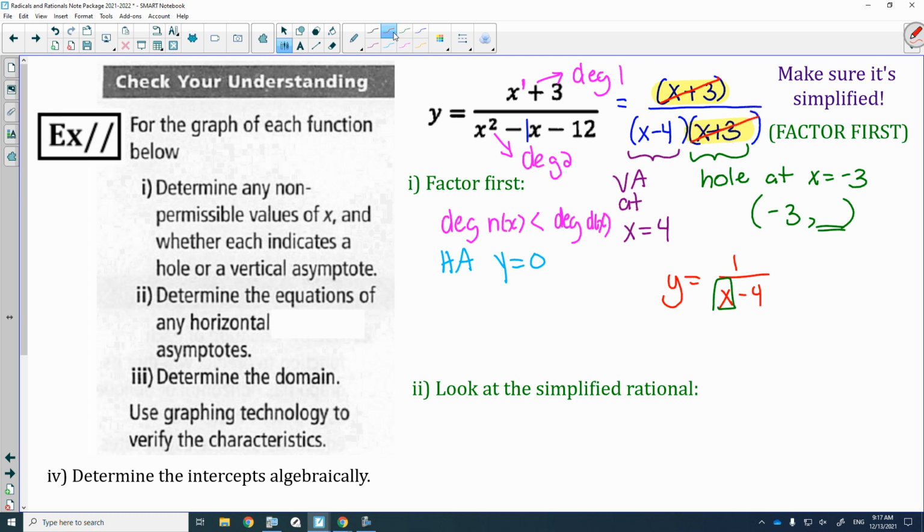So that would be y is equal to 1 over negative 3 minus 4. The y value of the hole is going to be 1 over negative 7. Okay, so that's where the hole would be. I think on your test it was like negative 1 over 6 is what the answer was. And that's how you'd get it. You simplify your rational function, put your x value into the new simplified equation.